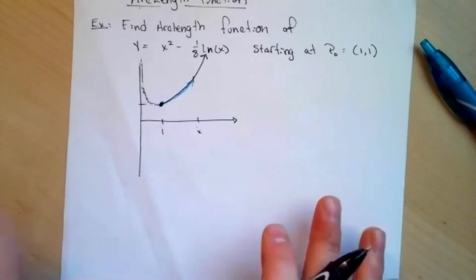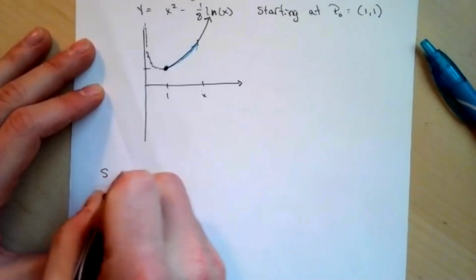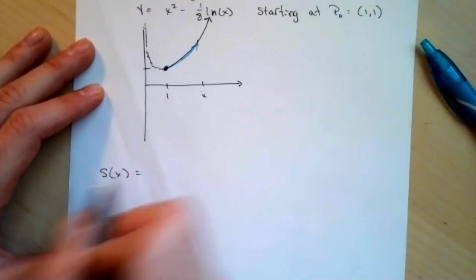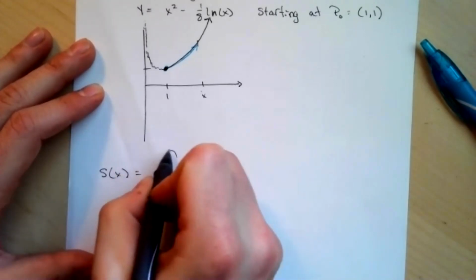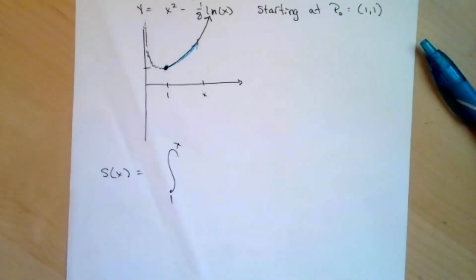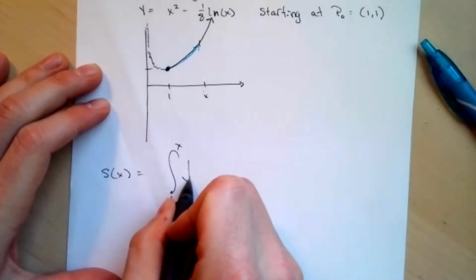So it's essentially the same process. It's just that our upper bound, we want to start at 1 and end at some arbitrary x value. We're going to use the same formula, just change the dummy variable.